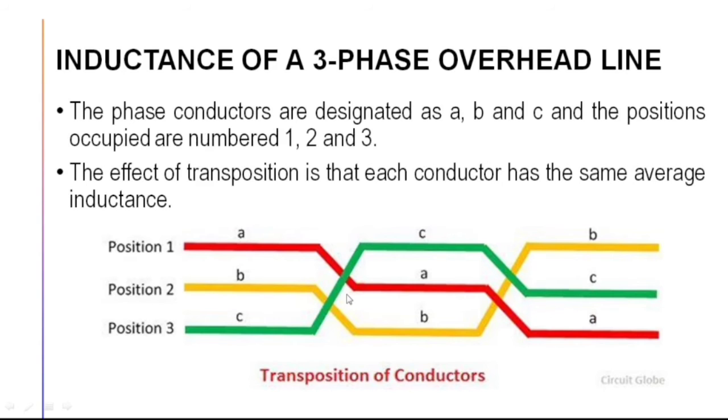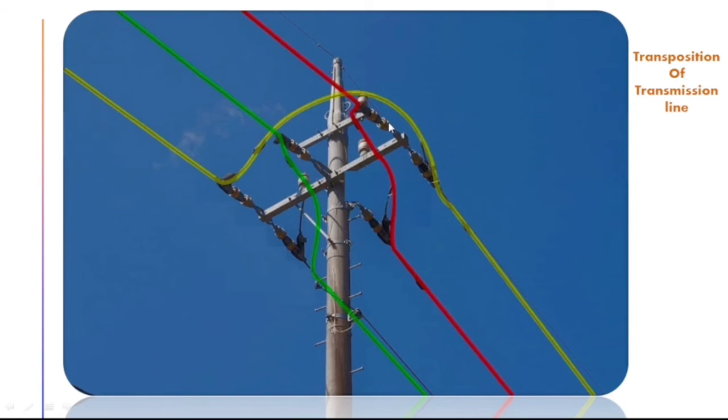For your clear understanding, I am placing here a pictorial representation. This is the tower with phase A, phase B and phase C. See here, the first phase occupies the remaining phase positions.